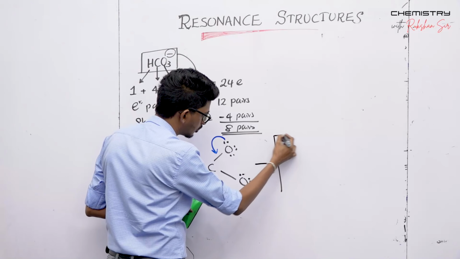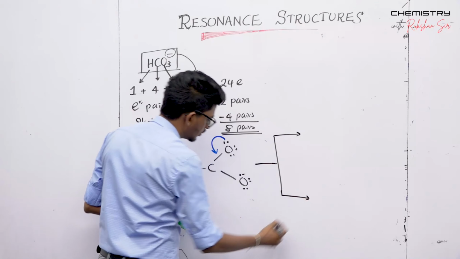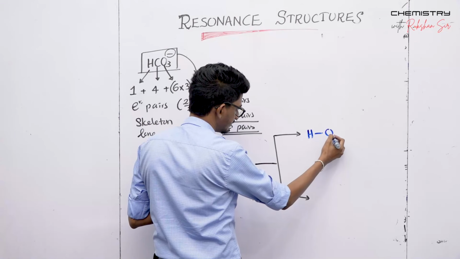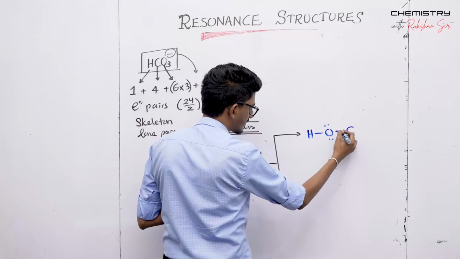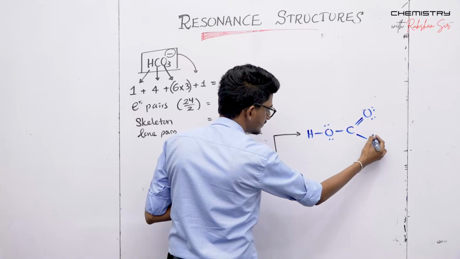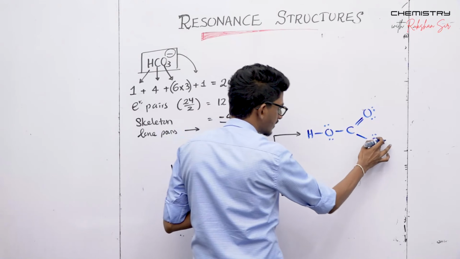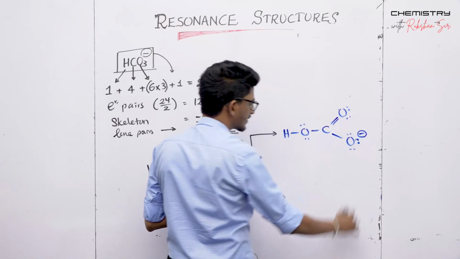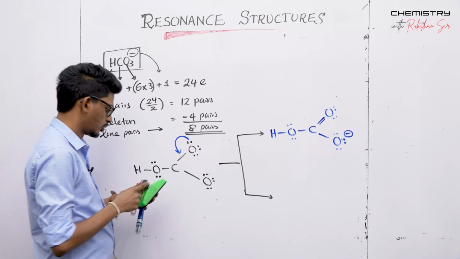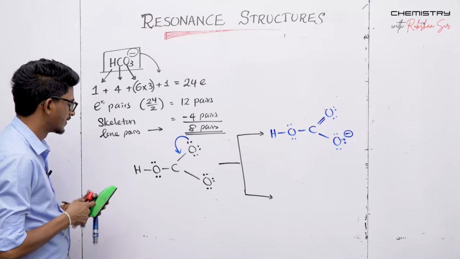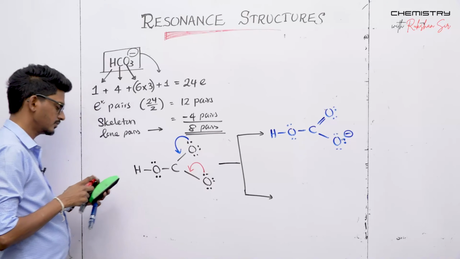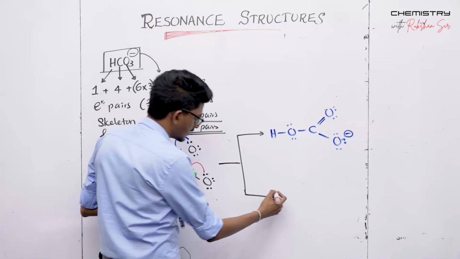If you do so, you will come up with this structure. If you have to put the charges, this will carry some minus charge. One can donate the 4th electron pair towards the carbon like this, so that you will come up with this structure.